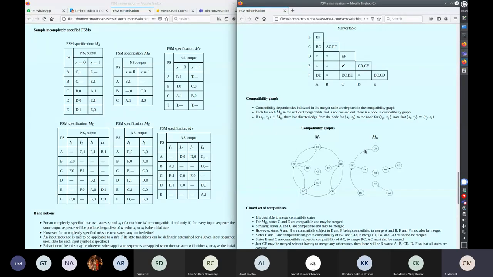There are 6 states, right? So you find that all possible pairs are not here. Can you identify a pair which is missing in MD?